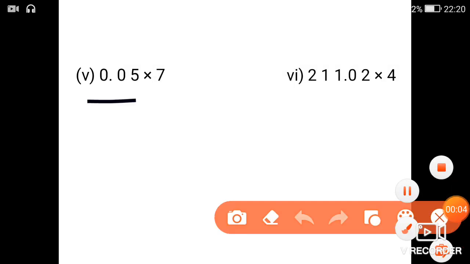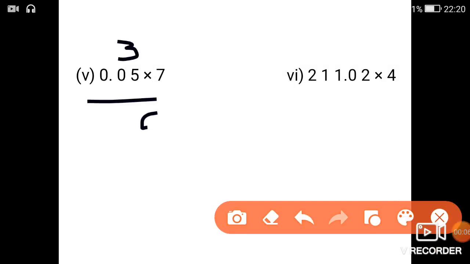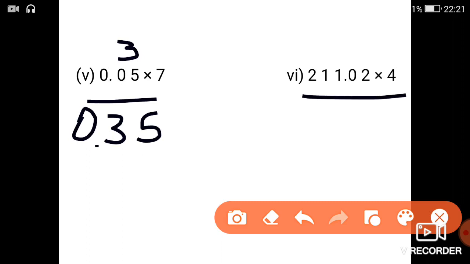So 7 5s are 35, 7 zeros are 0, 0 plus 3 is 3 and 7 zeros are 0. So in the question we have 0.05. After the decimal point we have 2 digits. So after the 2 digits we will place the point. It is 0.35.